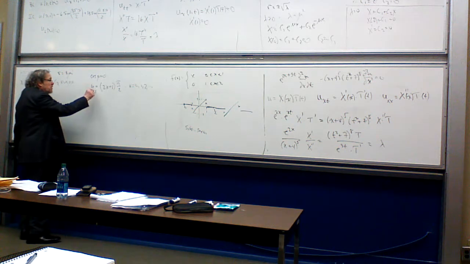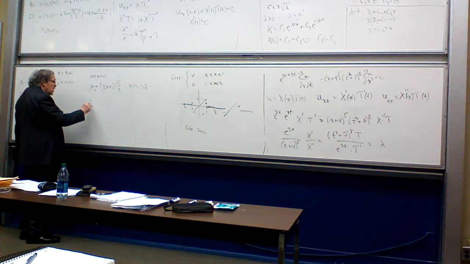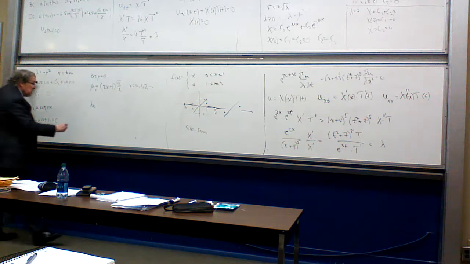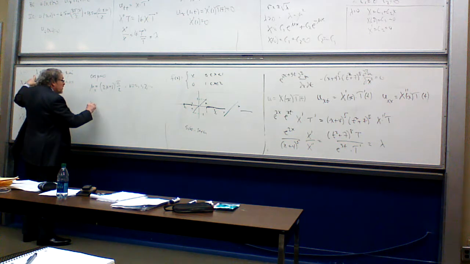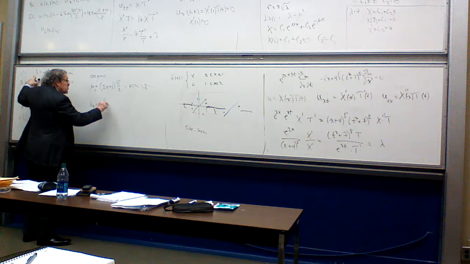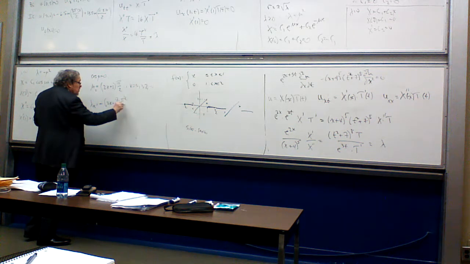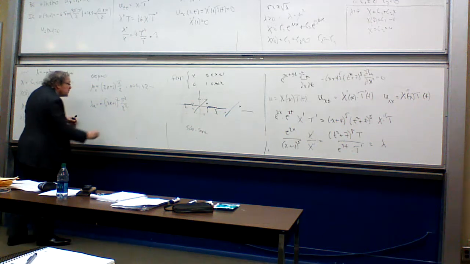I'll label that mu sub k. Lambda is negative mu squared. So negative 2k plus 1 squared, pi squared, over 2 squared.